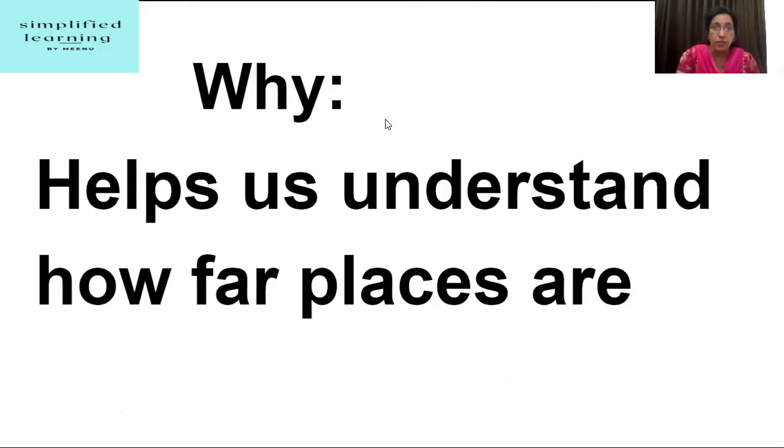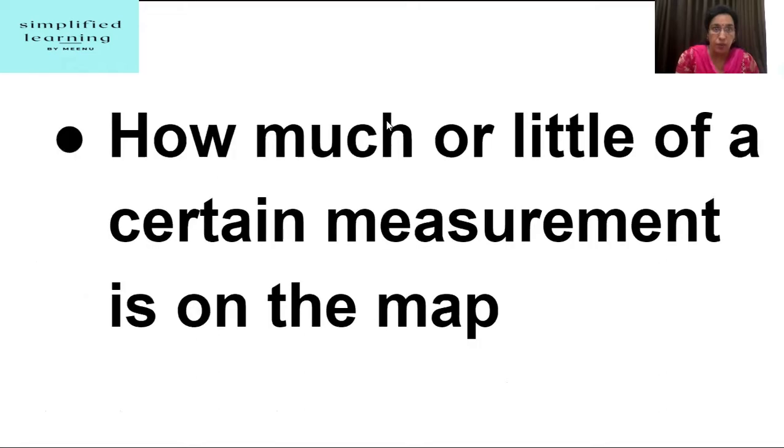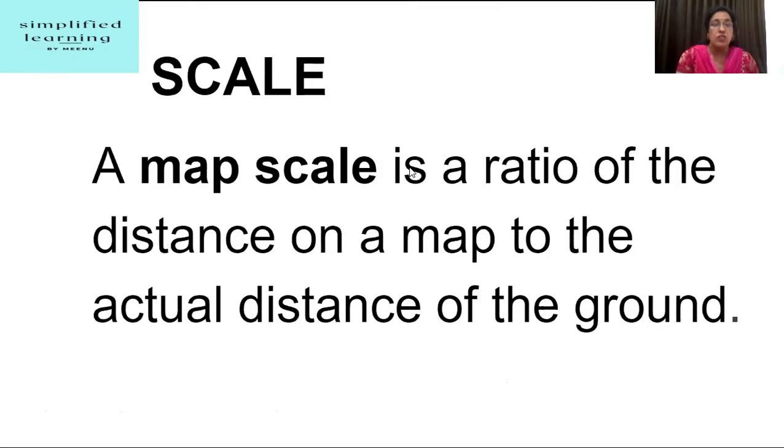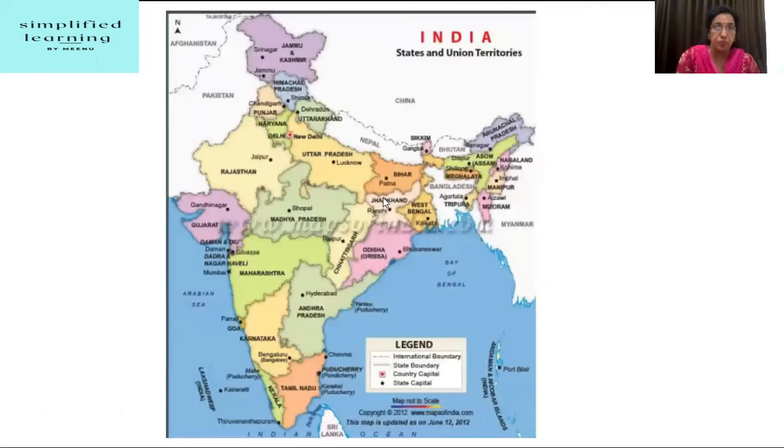Yes, it helps us to understand how far places are, how much or little of a certain measurement is on the map. So what is a scale? The definition of scale is: a map scale is a ratio of the distance on a map to the actual distance on the ground.